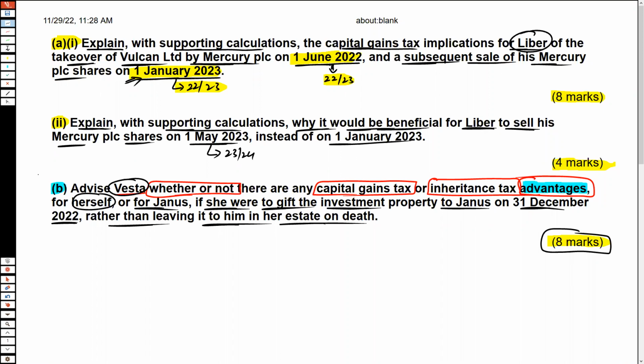I would be sharing my thoughts, so you will have an idea of how you can plan better with respect to such question requirements. I'm just talking about requirement B. Read the requirement, understand the requirement, and then plan what to do and what to write, which aspects are to be covered by looking at the requirement and the available marks. I will start my discussion right after 1 minute.